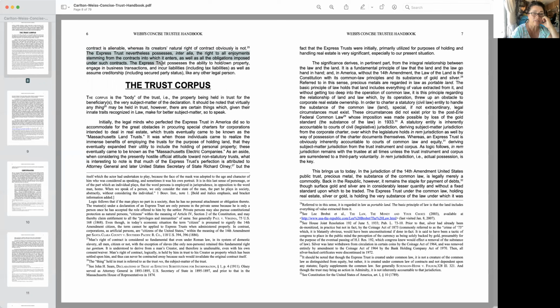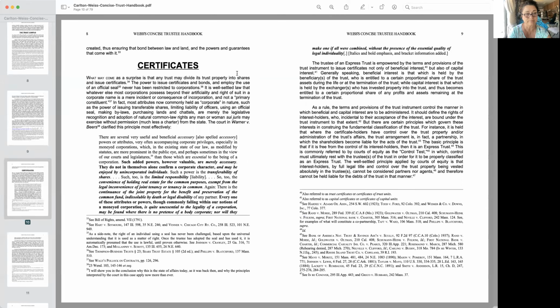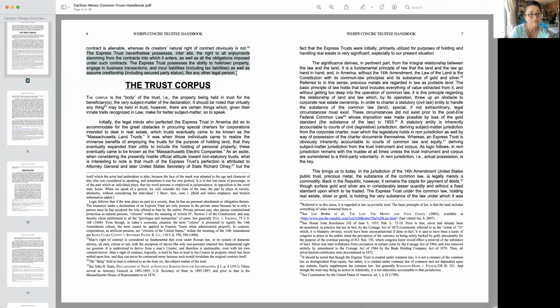The express trust possesses the ability to hold and own property, engage in business transactions, and incur liabilities, including tax liabilities, as well as assume creditorship, including secured party status, like any other legal person. I don't exactly know what this meant.